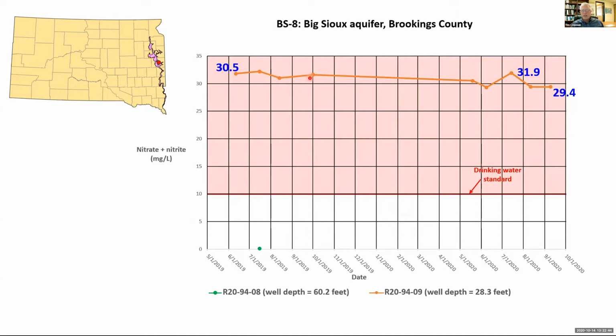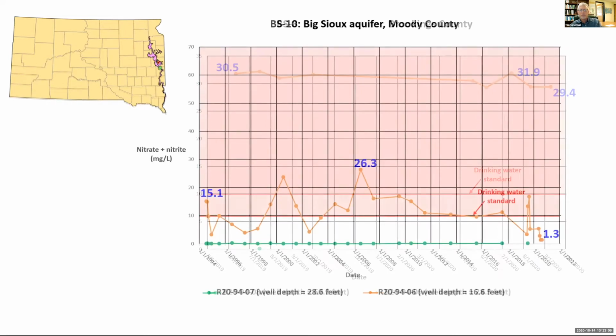They stayed high, just above 30. And then in 2020, we took samples in May, June, July, August, and September. And again, no real substantial fluctuation. So that site is high from year to year, as well as within the year itself, we see no major fluctuation in the nitrate values.